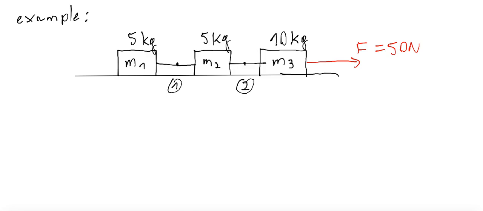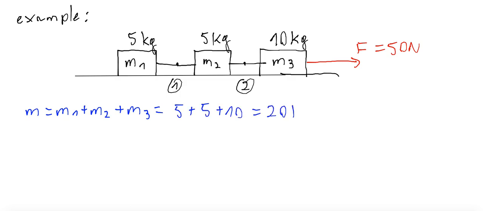Okay, copy this, try to solve it working alone. When you stop video, when you will be ready, turn it on again and check your calculations. So in similar way, we can calculate mass of the system is the sum of m1, m2 and m3, so 5, 5 and 10, which results in 20 kilograms.